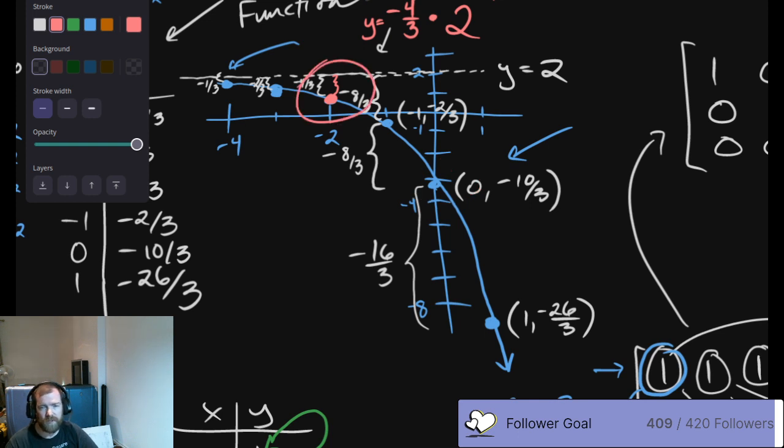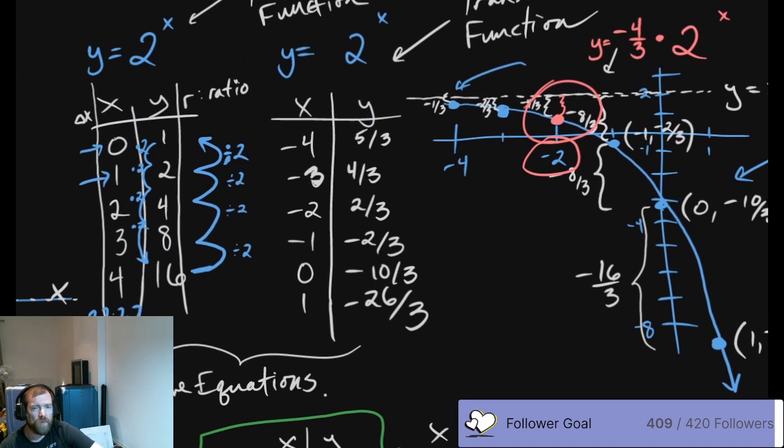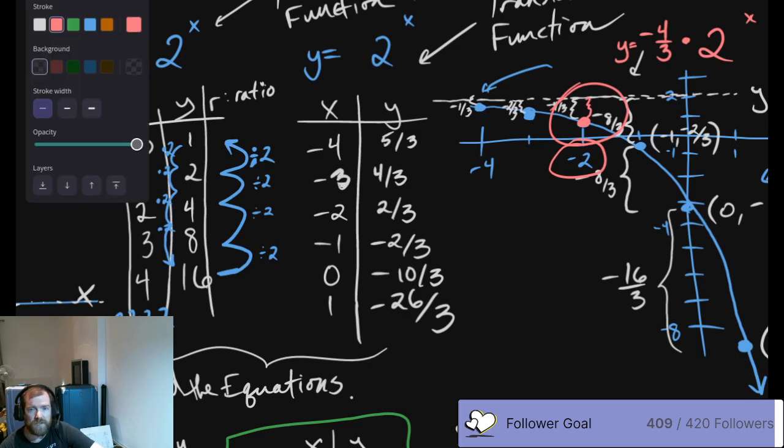We instead chose this one, mostly just for its a value, and to also show you that we can use this c value. I'll show you the letters in a second here. So this is telling us that we're at an x value of -2 where we have our initial value. Our initial value in the original parent function, y equals 2 to the x, was at x equals 0 and y equals 1.